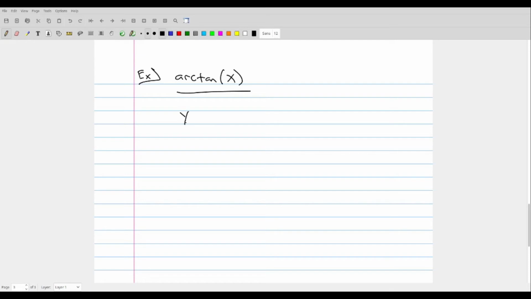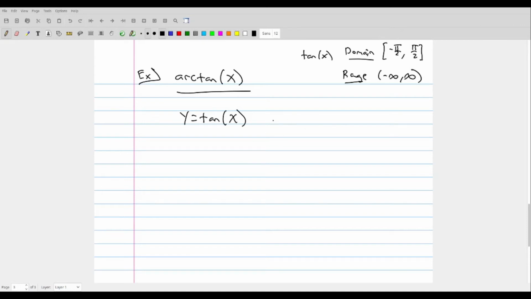If y is equal to tangent of x, where remember tangent of x is the function with a strict domain from negative pi over 2 to pi over 2, and a range of negative infinity to infinity.